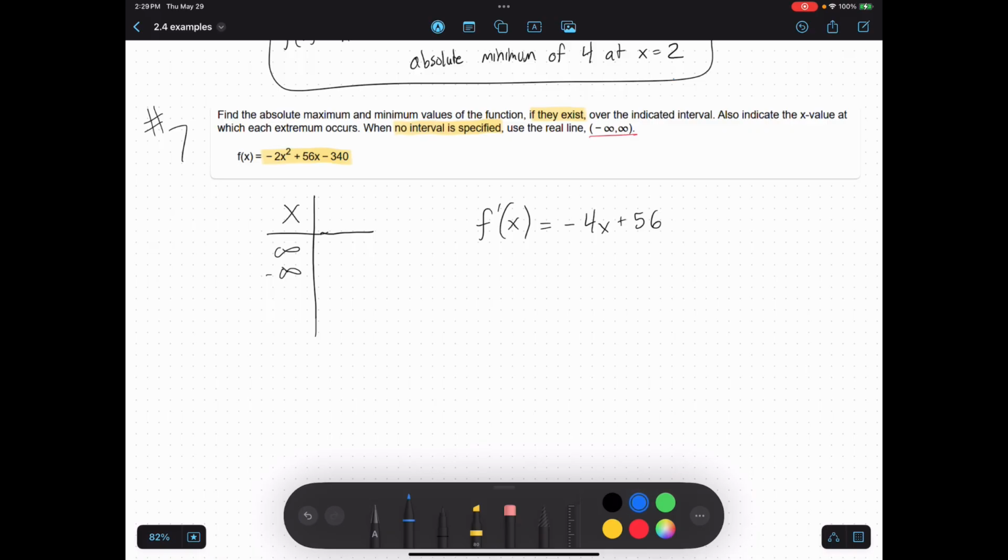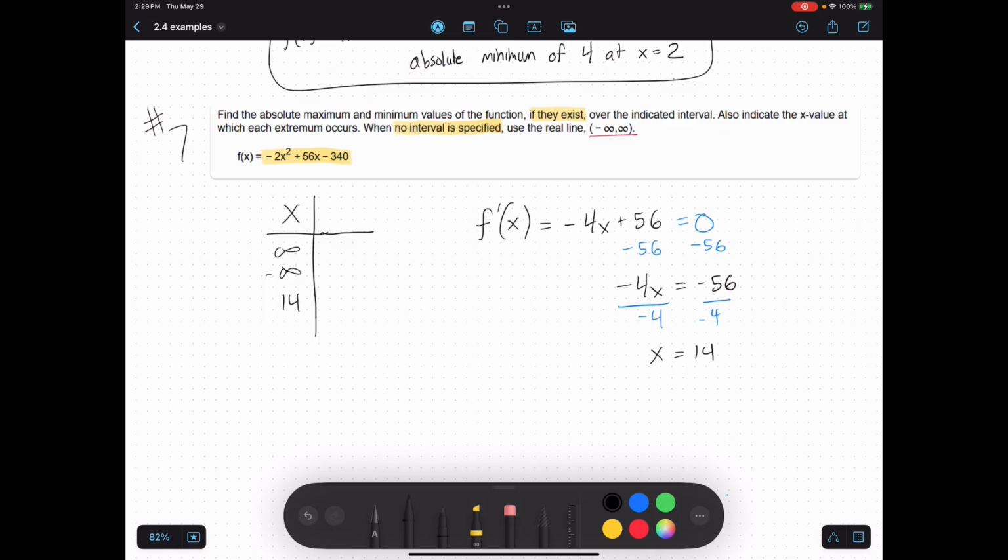If I set that equal to 0, I can solve for x. I'll subtract 56 from both sides, and I get negative 4x is equal to negative 56. I'll divide by negative 4, and I get x is equal to 14. So I have one more spot where I could potentially have an absolute max or an absolute min.